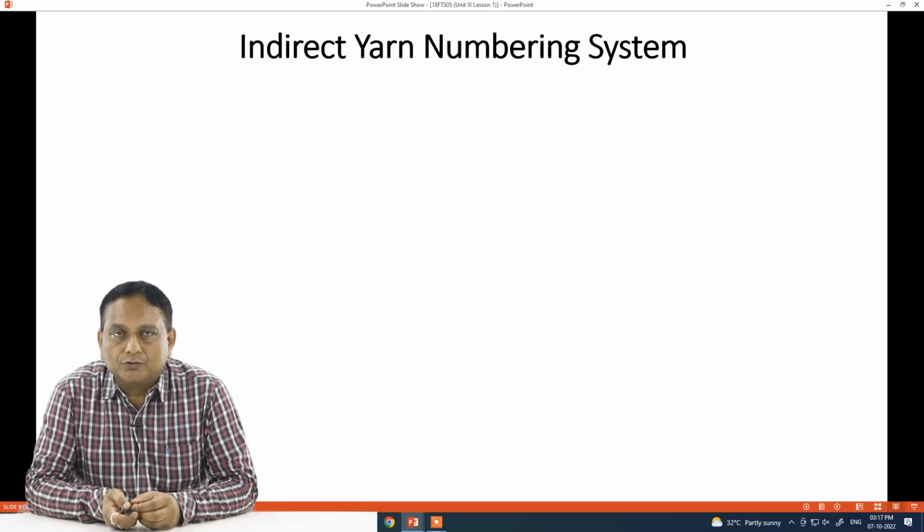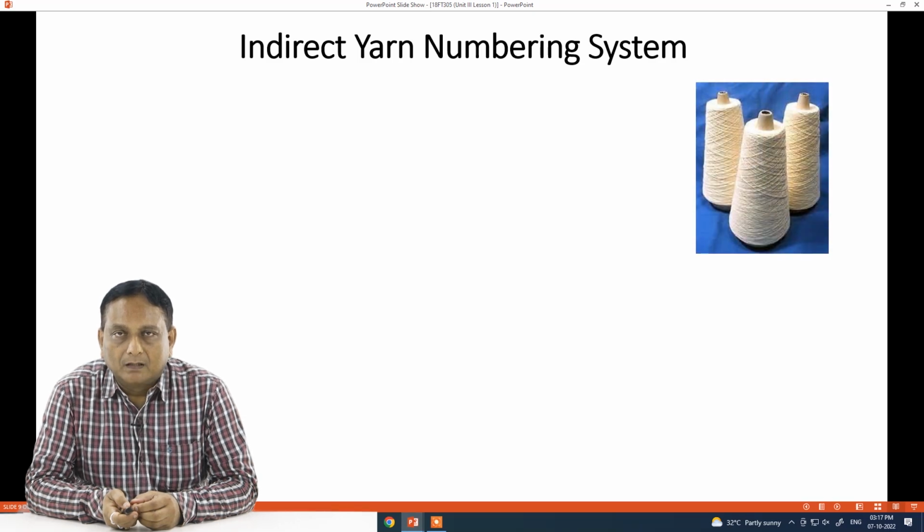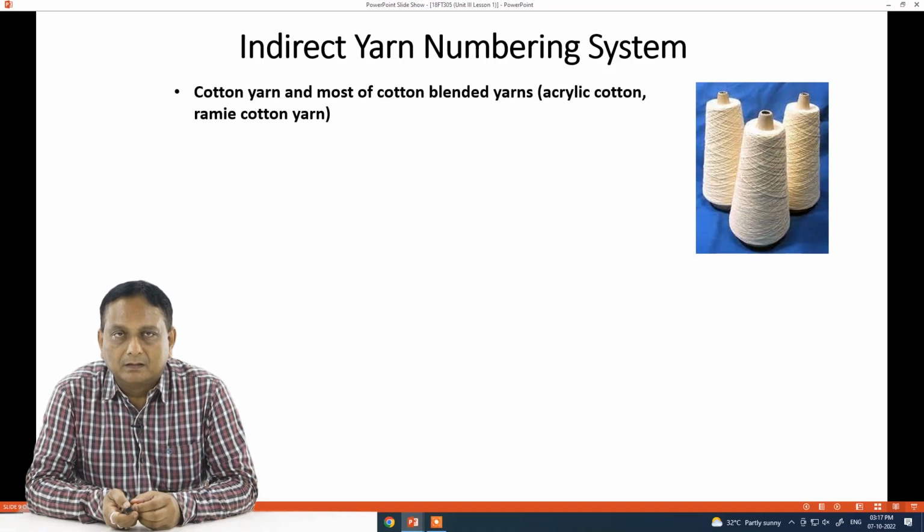Now let us go into the indirect yarn numbering system. What does it mean? This is for the coarser yarn. As you can see, cotton yarn is a coarser yarn, and most cotton blended yarns like acrylic cotton or ramie cotton follow this kind of system.